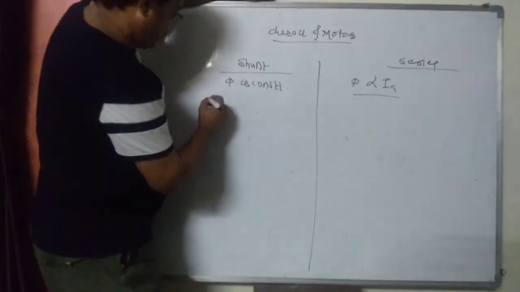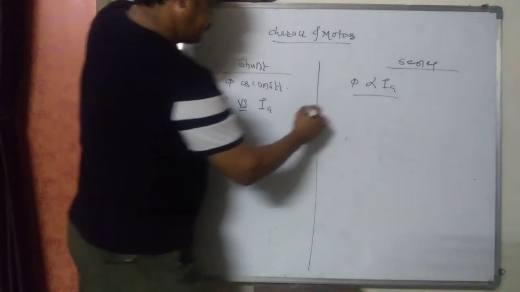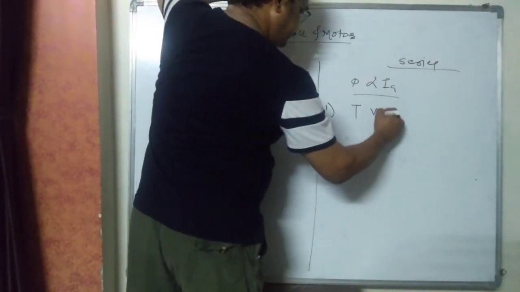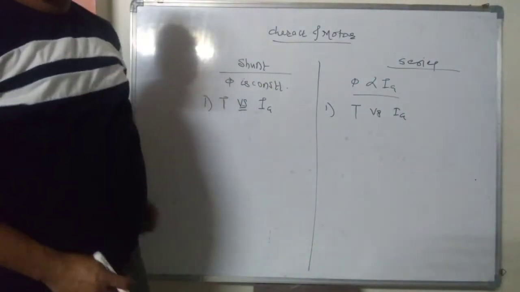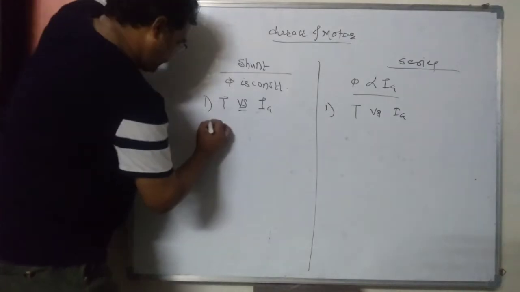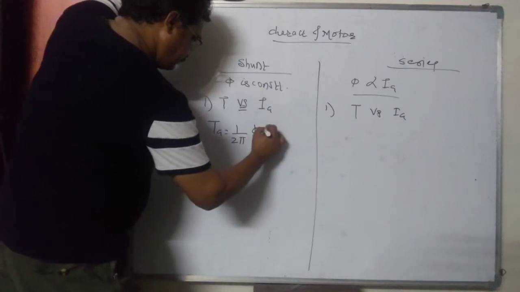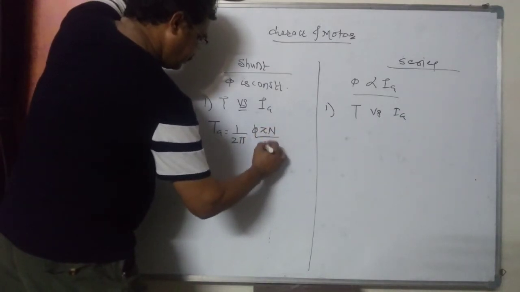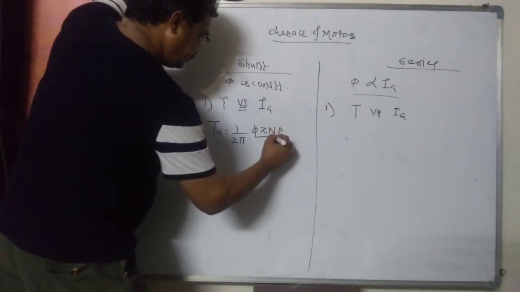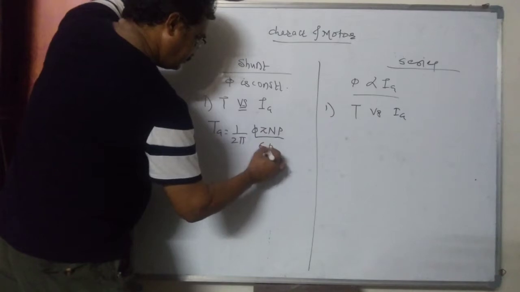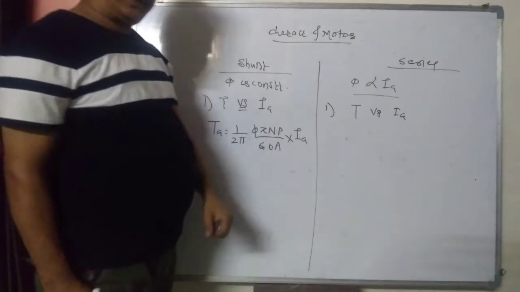So the first characteristics that we have to explain is torque versus armature current. So try to remember the equation of torque. This is the torque equation.